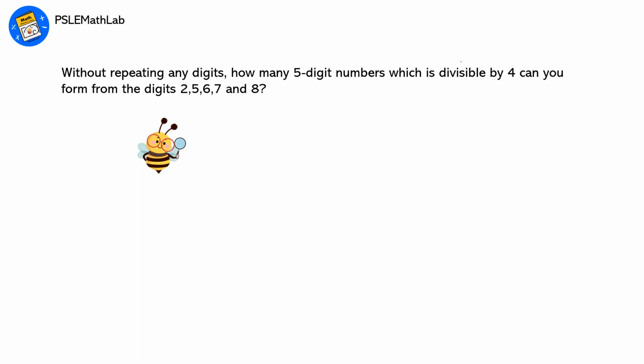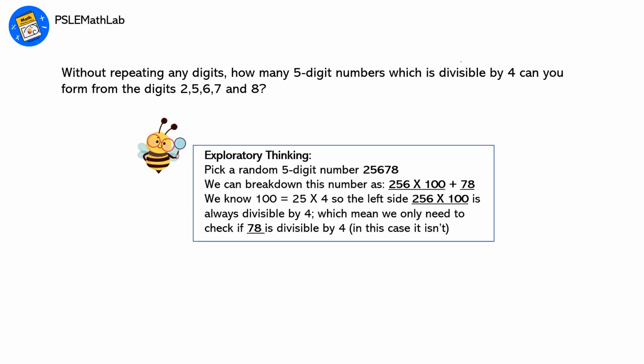Pick a random 5-digit number formed by these 5 digits. Of course, we're going to pick an even number. In this case, let us pick 25,678. So we can break this number down as 256 times 100 plus 78. We know that 100 is divisible by 4.